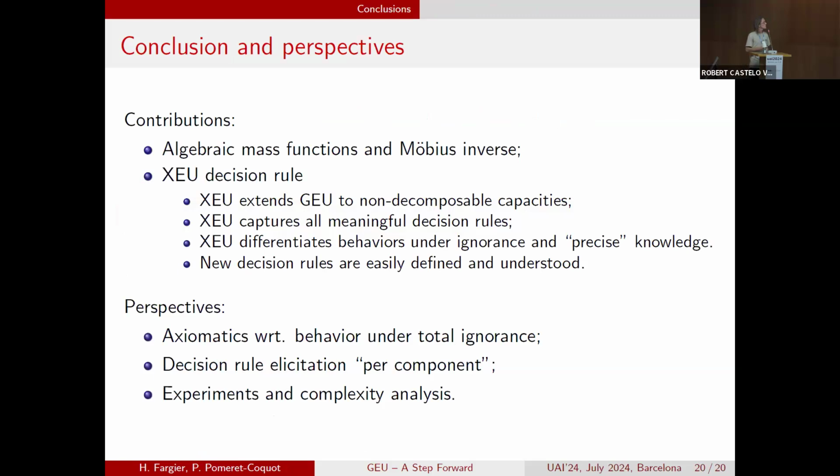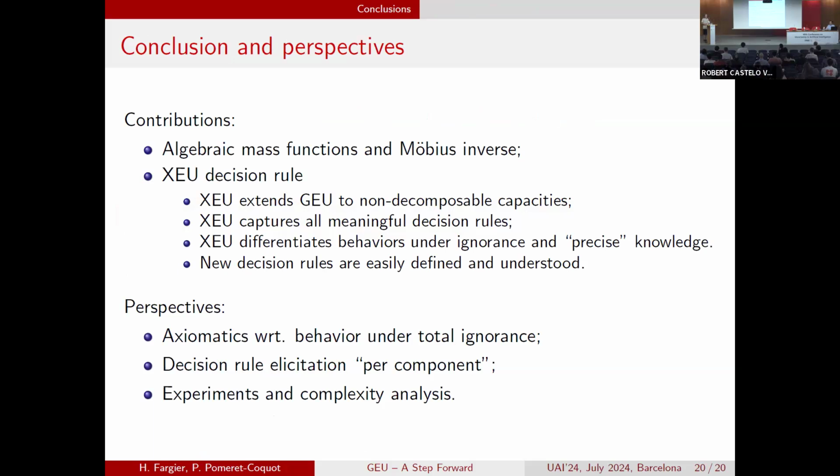Okay, so in order to conclude, I can recap that we propose to consider algebraic mass functions and that we provide algorithms in order to build those algebraic mass functions. And on top of that, we propose the XEU algebraic decision rules, which extend GEU to non-decomposable measures and to almost all meaningful decision rules.